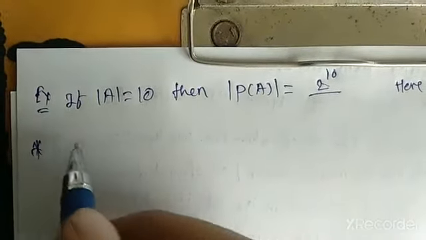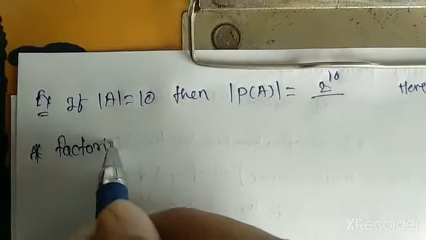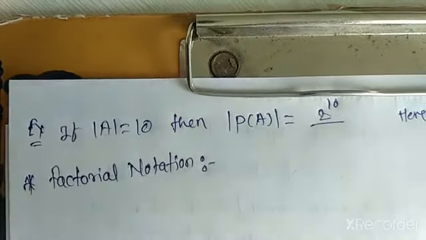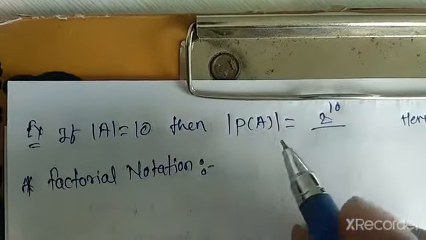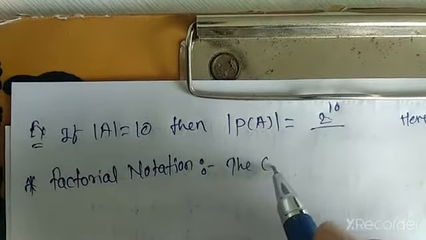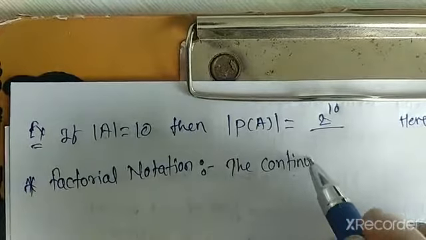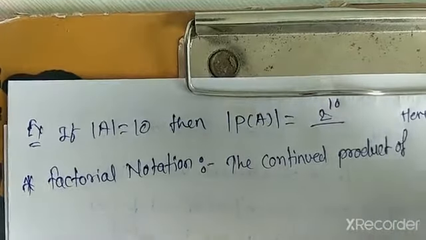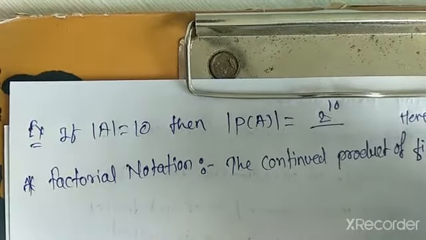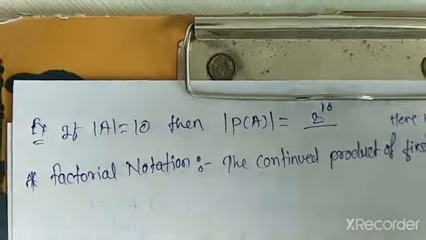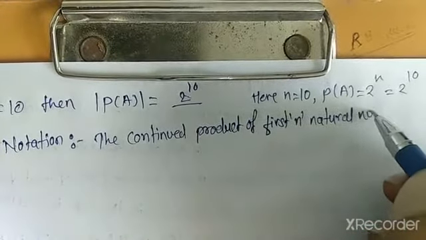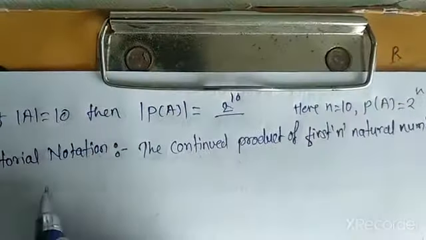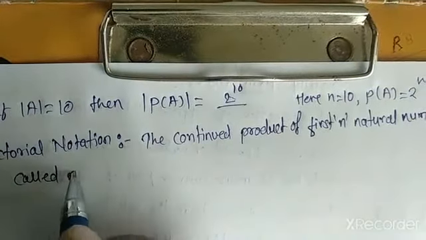Next point is factorial notation. Now the definition of factorial notation is the continued product of the first n natural numbers, which is called n factorial.